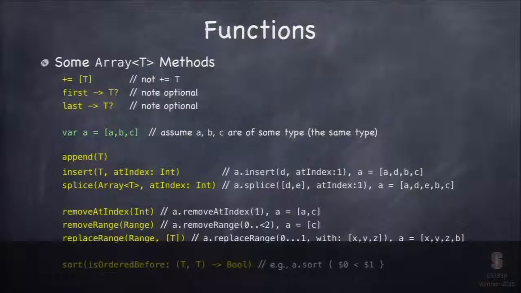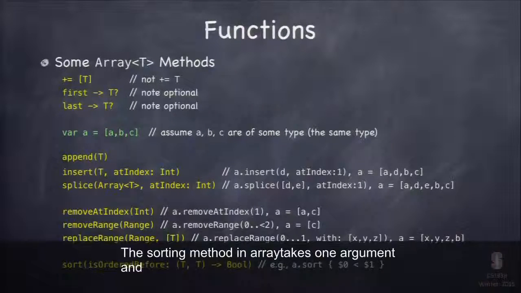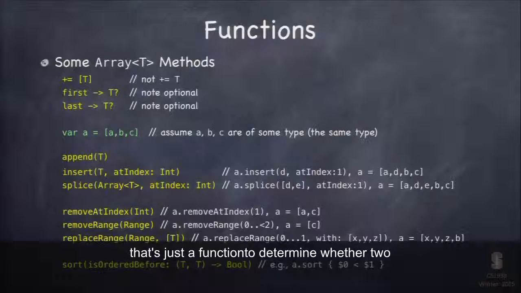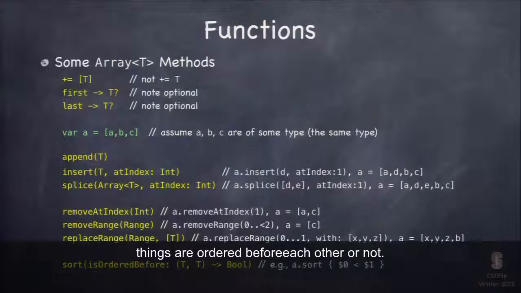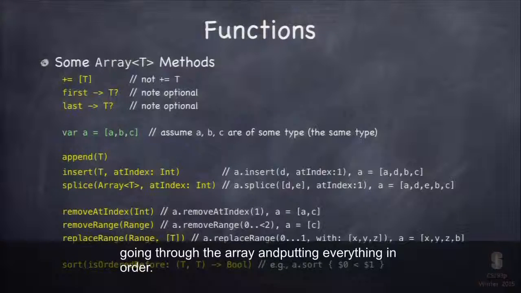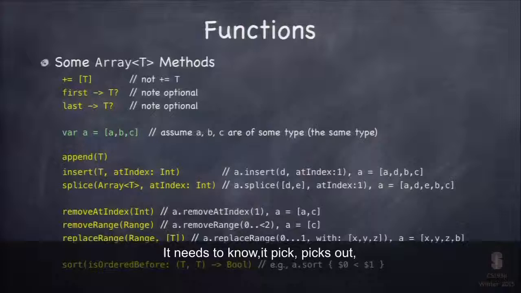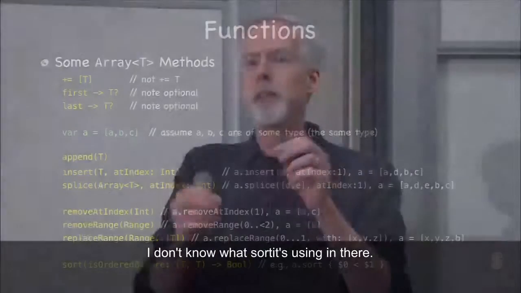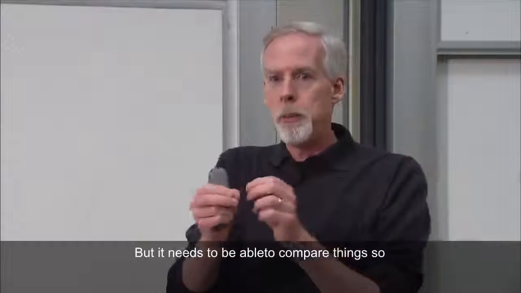There's also sorting. You can sort an array. This sorting method in array takes one argument, and that's just a function to determine whether two things are ordered before each other or not. It's going through the array and putting everything in order. It picks out whatever sort it's using, quick sort or I don't know what sort it's using in there, but it needs to be able to compare things.